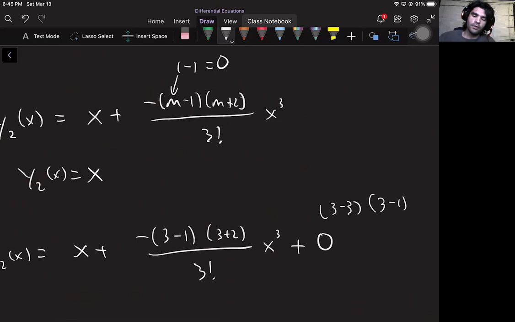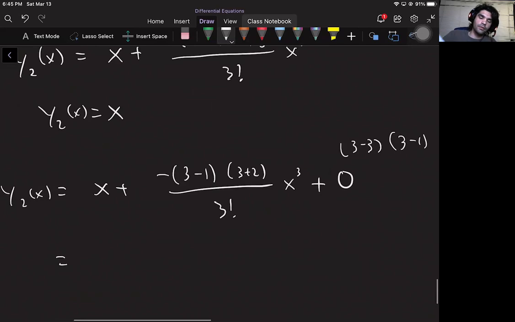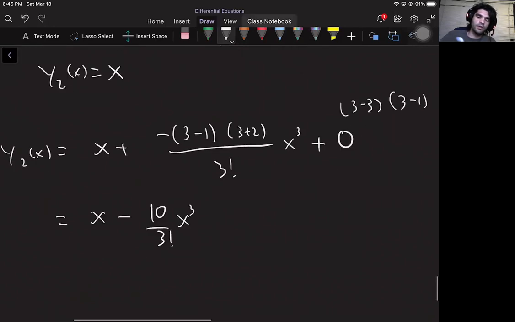So the rest would all be 0. So then this polynomial is just x minus, what is this? 2 times 5. It's 10 over 3 factorial x cubed. So I guess that's just 5 over 3. Hopefully I divided correctly.